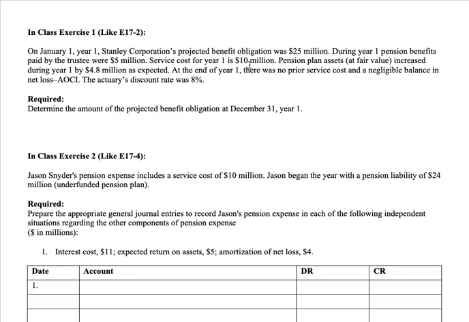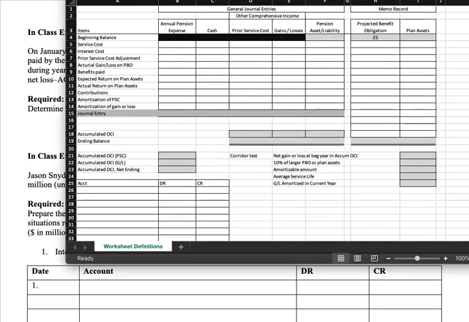So let's talk about the things that go into the actual PBO, projected benefit obligation here. When we look at it, there's really 5 things we have to take into account to find the PBO. First, you know the beginning balance, but the things that impact the PBO are the service cost, the interest cost, the prior service cost adjustments, the actual gains or losses on PBO, and then any paid benefits on that, because when we pay out a benefit, it reduces our obligation.